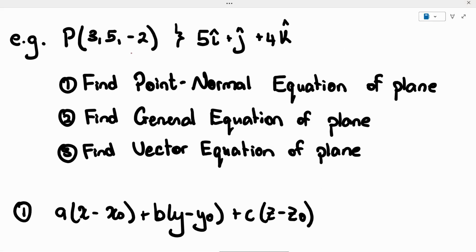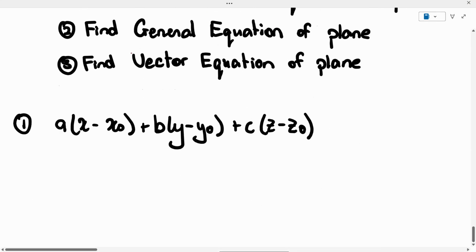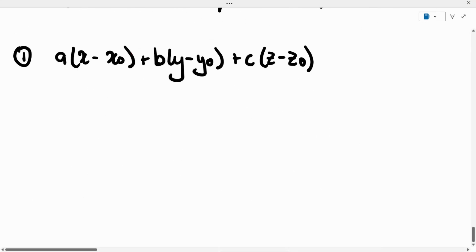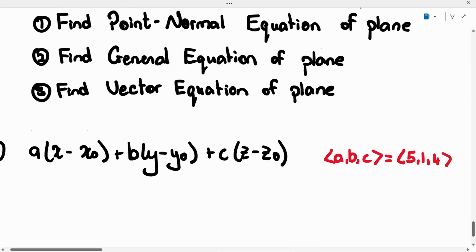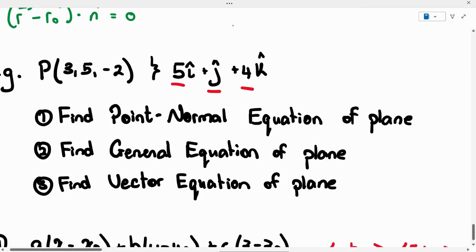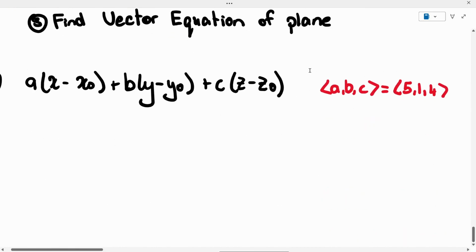And this is our vector here, 5, 1, 4. So I'll just write out on the side, A, B, C is 5, 1, 4. And our x naught, y naught, z naught is the point 3, 5, minus 2.